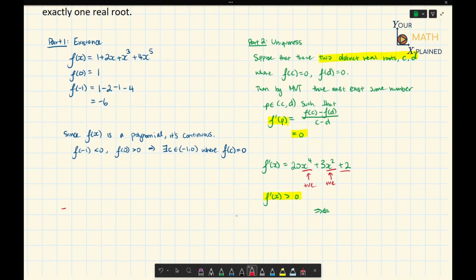So thus, we have proved that there is exactly one real root to our function f of x, which is why f of x equal to 0 has exactly one solution.